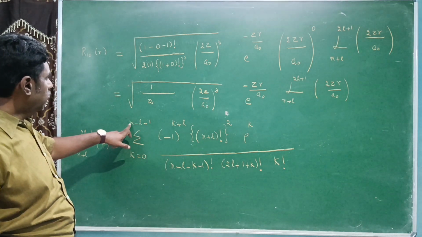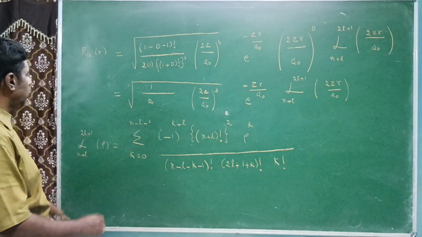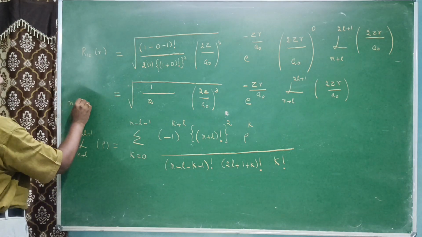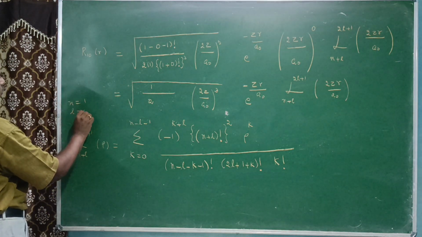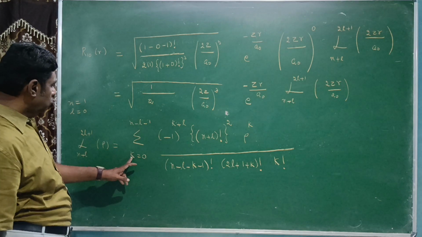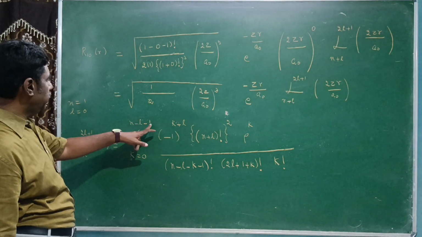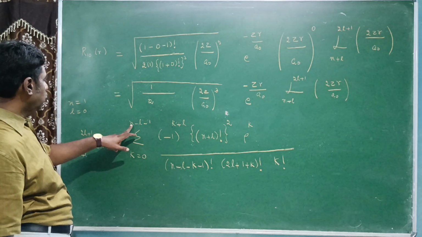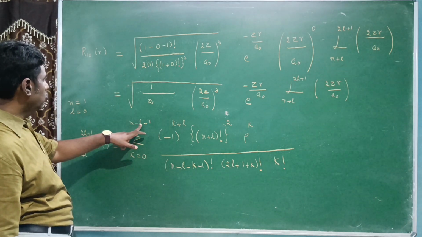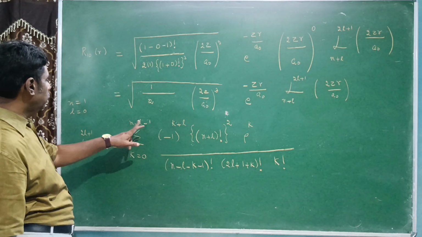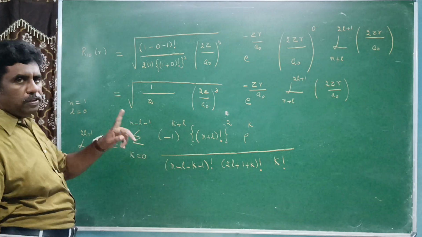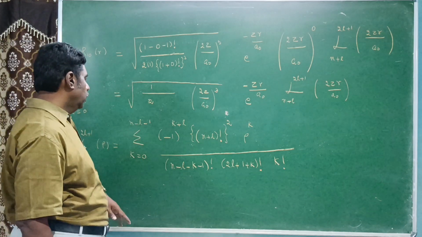N equal to 1 means automatically l equal to 0. So k is varying from 0 to n minus l minus 1, n equal to 1, l equal to 0, minus 1. 1 minus 1 is 0. So the value of k is 0 alone.